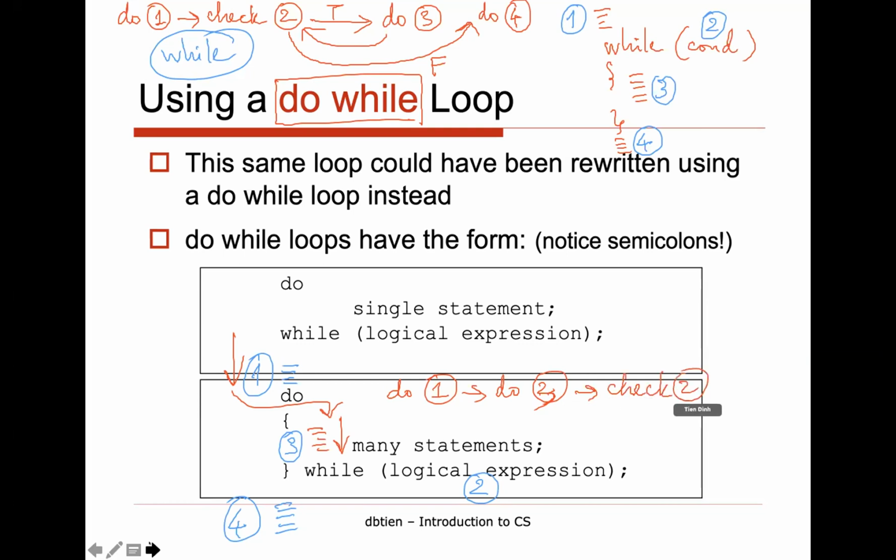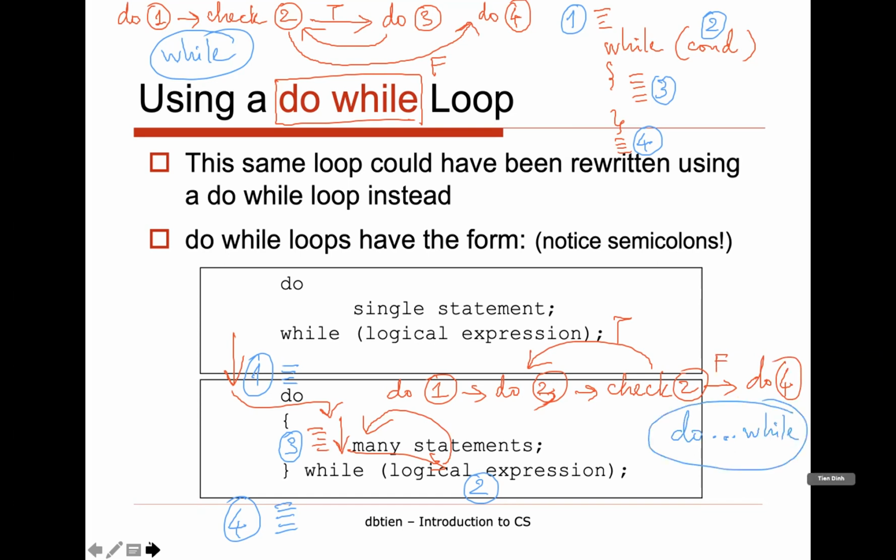If number 2 is true, I come back and do number 3 again, keep doing, and until number 2 is false, I will do number 4. So you see, this is the do while loop.